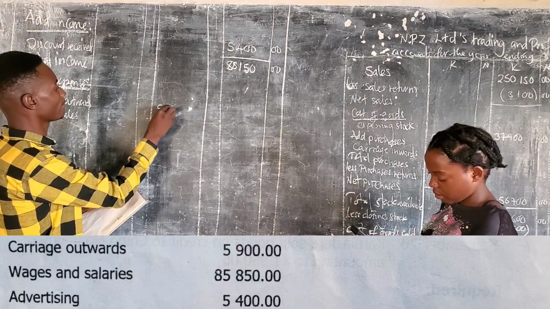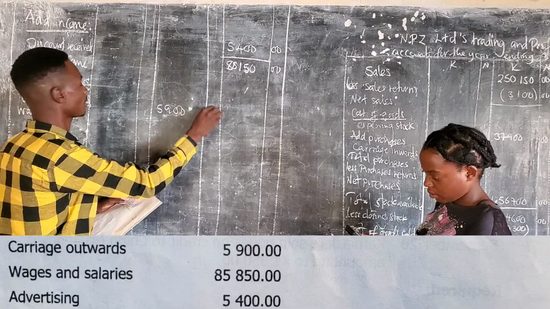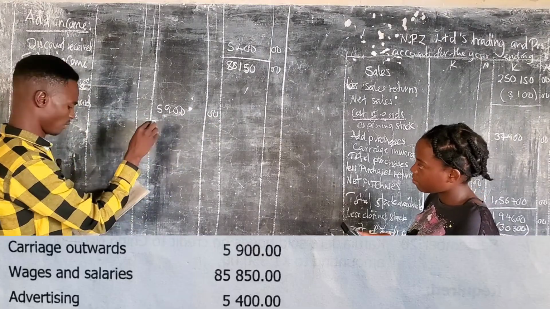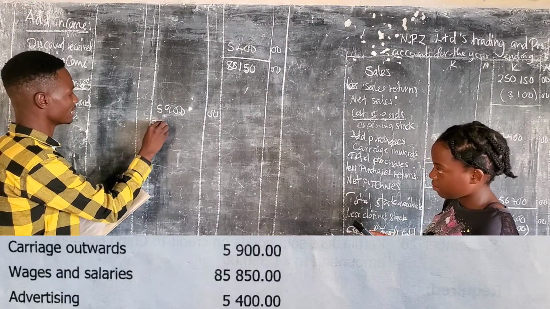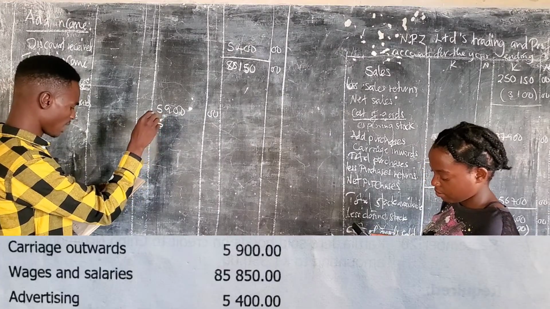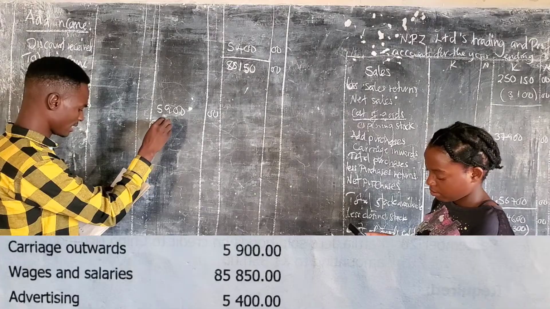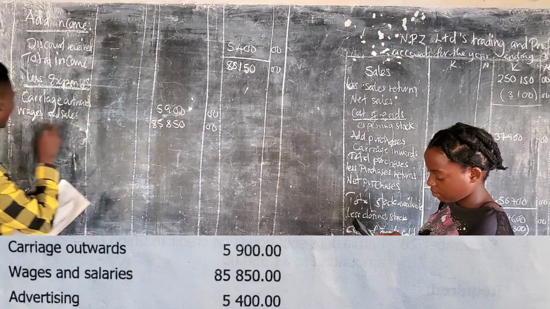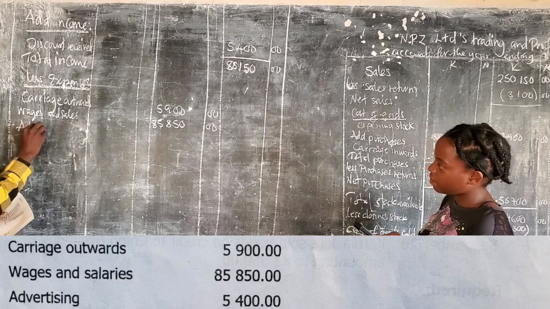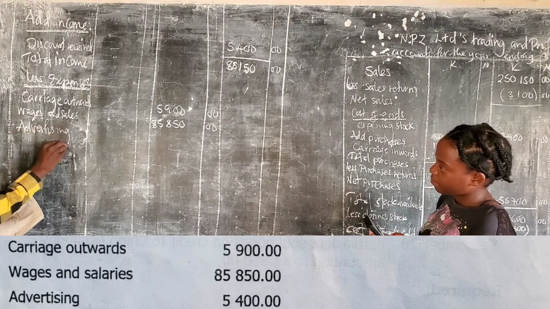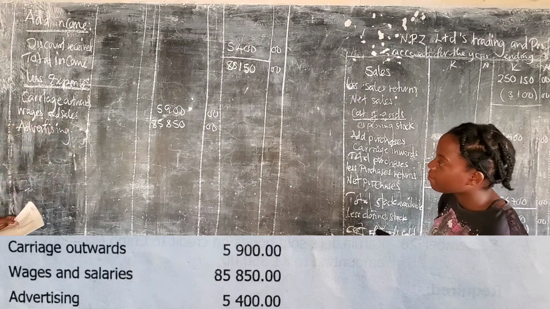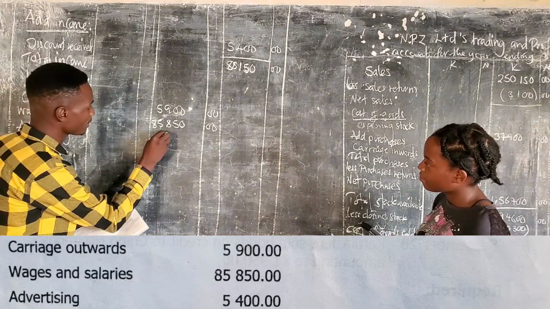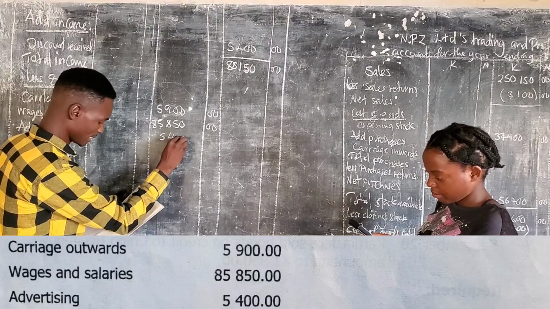5,900. Wages and salaries, this one is the bigger one: 85,000. Advertising: 5,400.